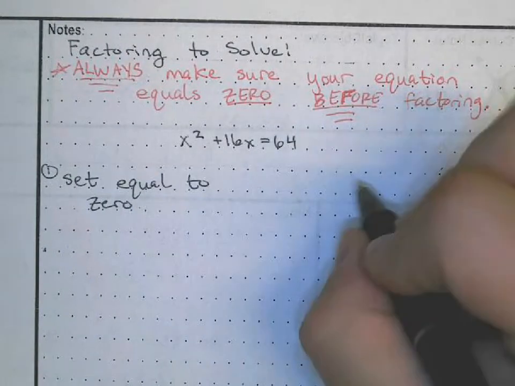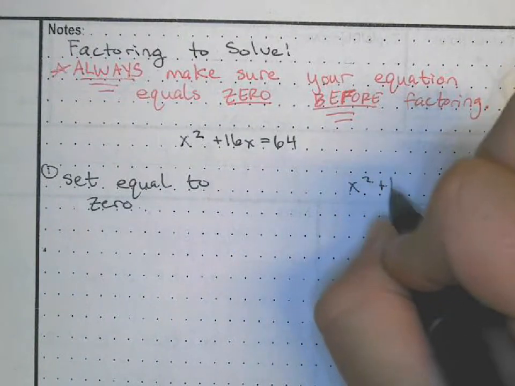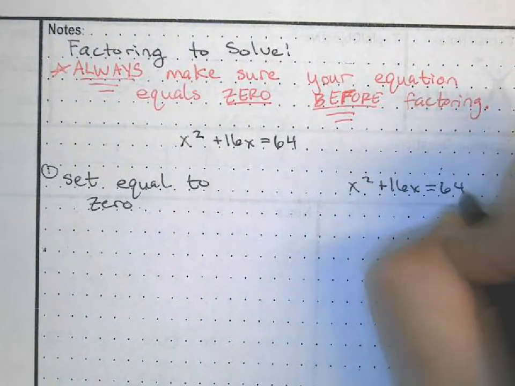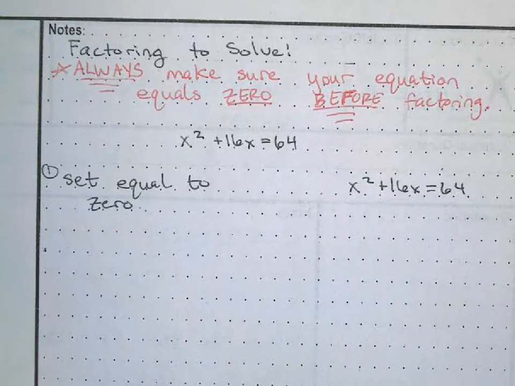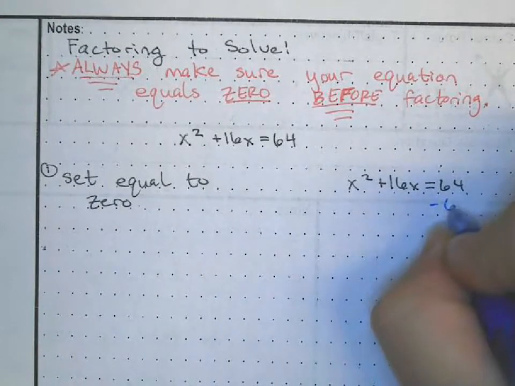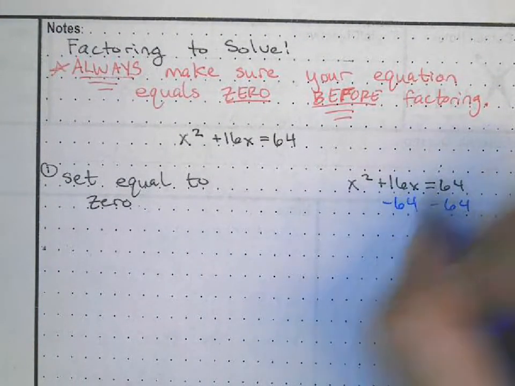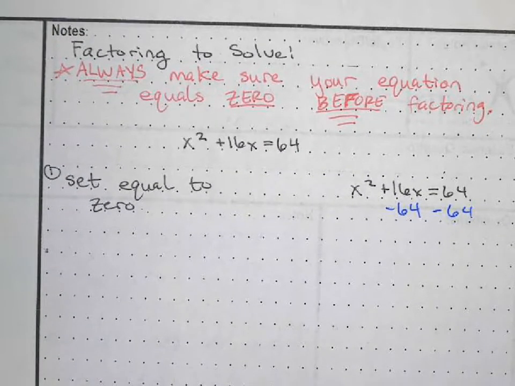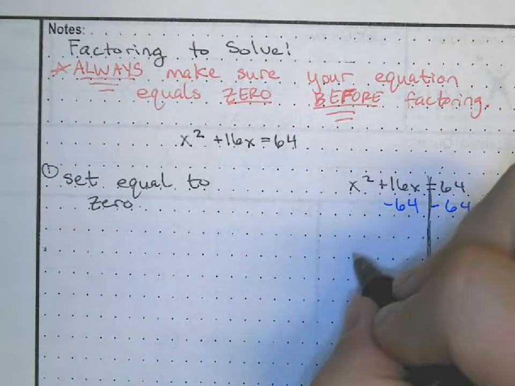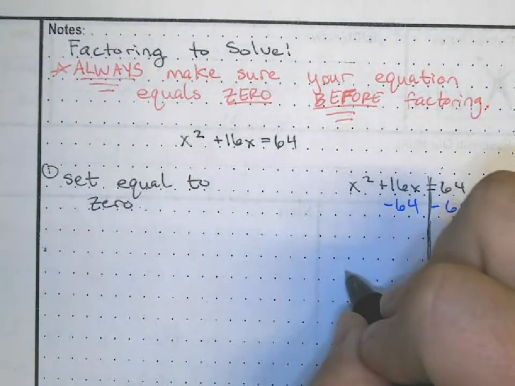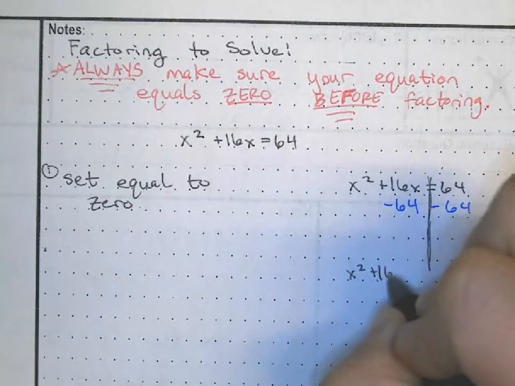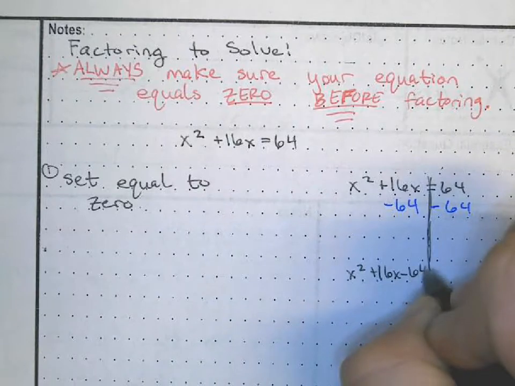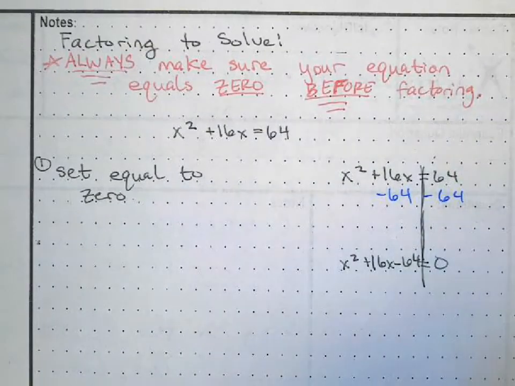And what that looks like is, as I have my equation, I need to make this equal 0, so I will just subtract 64 from both sides. There are no like terms to combine, so I get x squared plus 16x minus 64 equals 0.